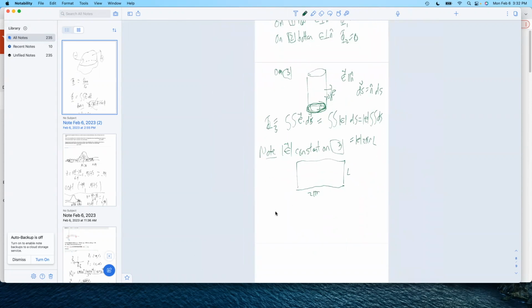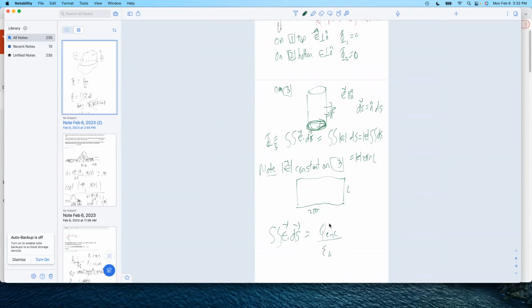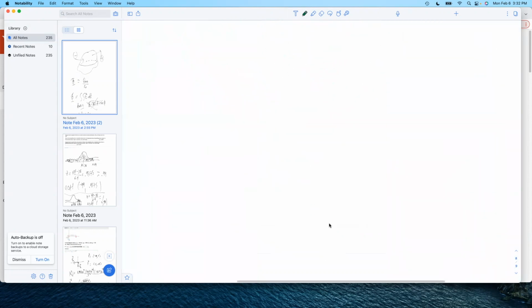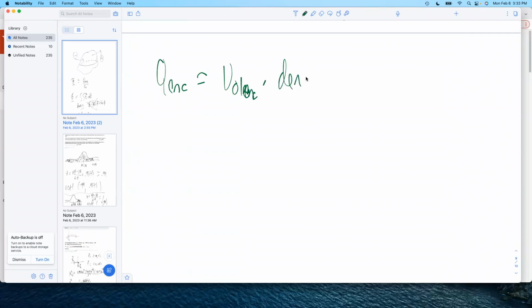Recall Gauss's law says the double integral of E dot ds, the flux, is the charge enclosed over epsilon naught. How do we find charge enclosed? I'm going to say this over and over again: charge enclosed is always some form of volume enclosed times some form of density.